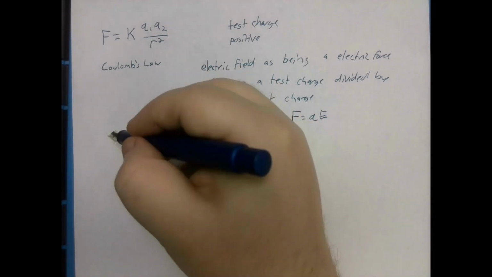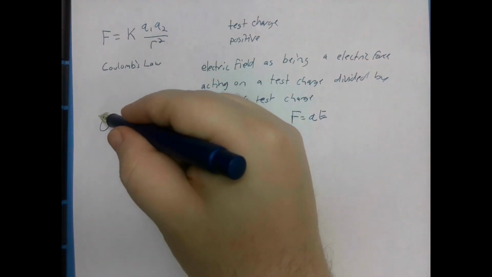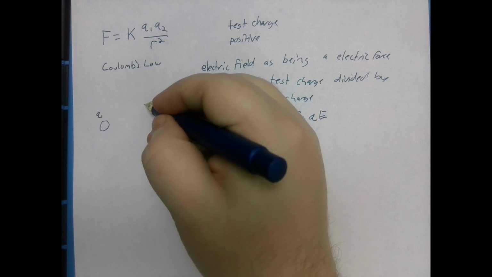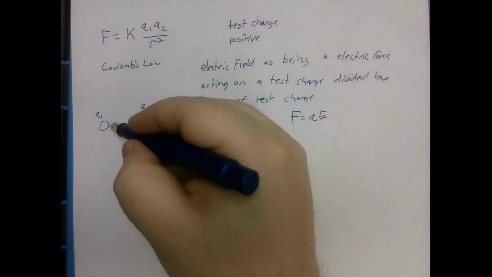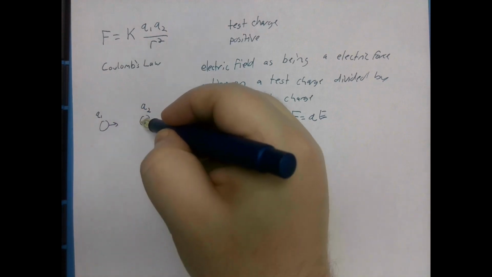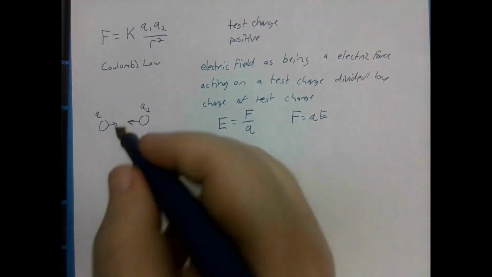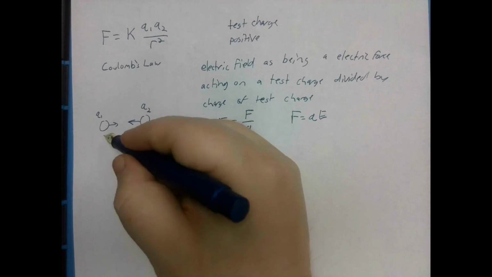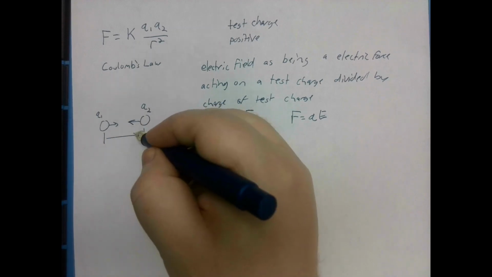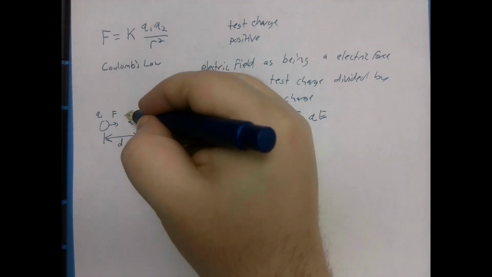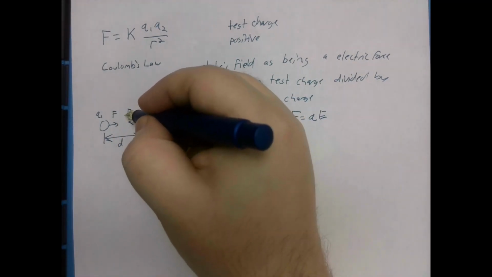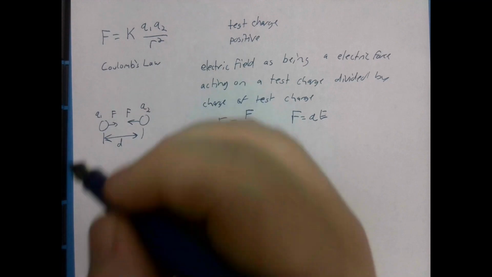So what would happen if I have two charges, Q1 and Q2? They're arbitrary. They're going to exert a force on each other. We don't know what direction the force is. Let's say they're at some distance D. Here are the forces. These two forces would be equal, right? Newton's third law.